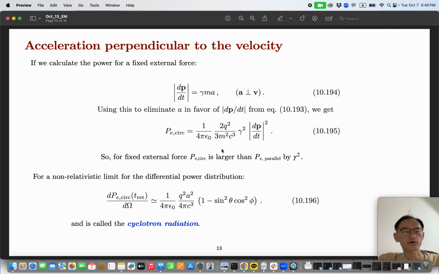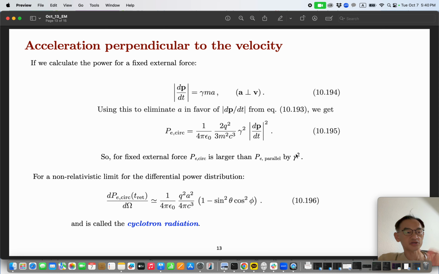So anyhow, we also want to express the total power in terms of the momentum change. Now we have gamma squared and momentum change squared. So gamma is normally greater than 1 for the relativistic case, and for the circular case, when you have momentum change, the power radiated compared with the parallel case is enhanced, or larger, by gamma to the power of 2.